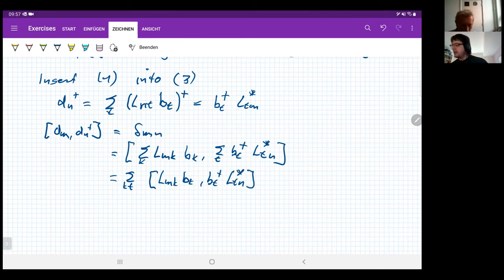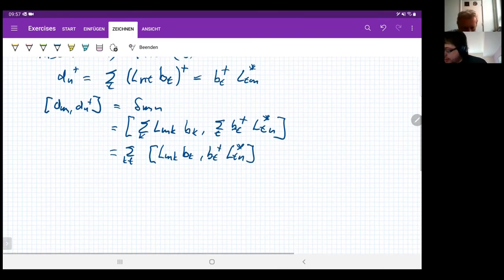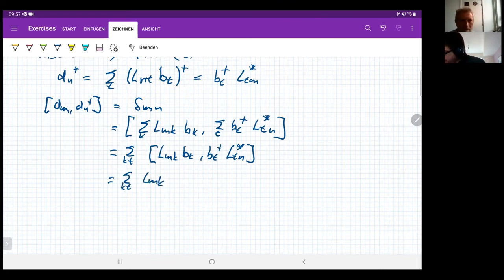And since L is only a number, it commutes with our operator, so we can also pull it out of our commutator. And we finally have K_T, L, and K, B_K, B_T dagger, L_TN complex conjugate.